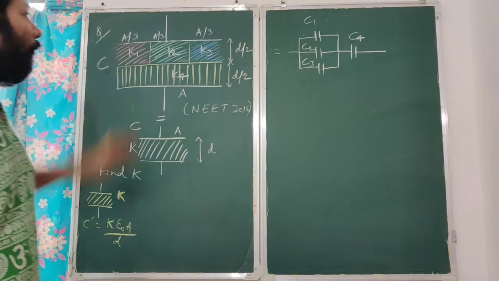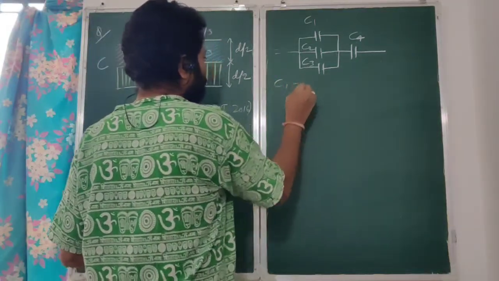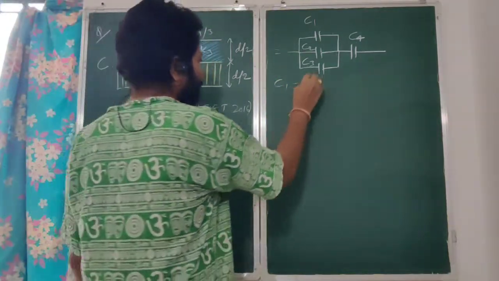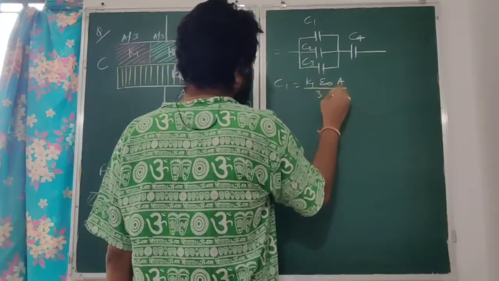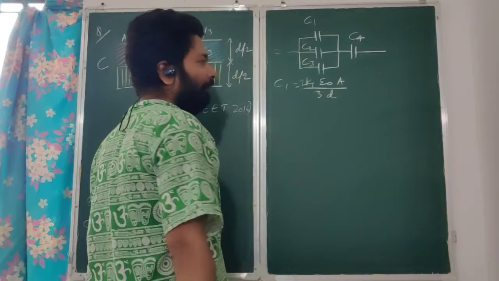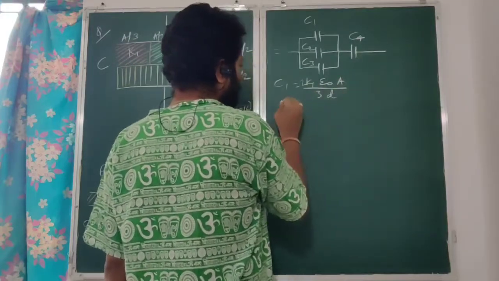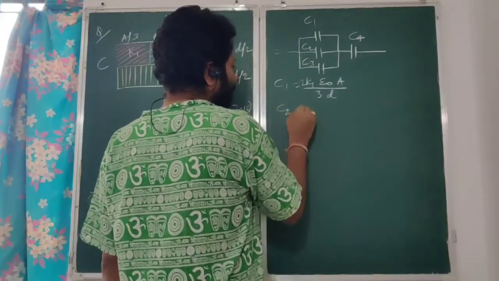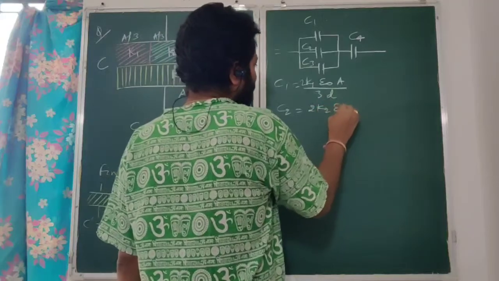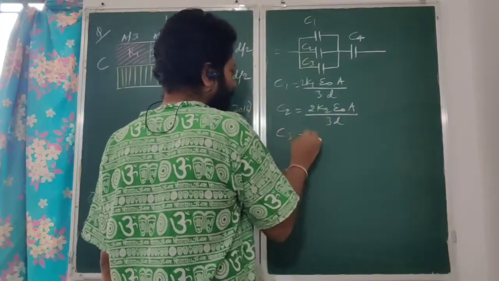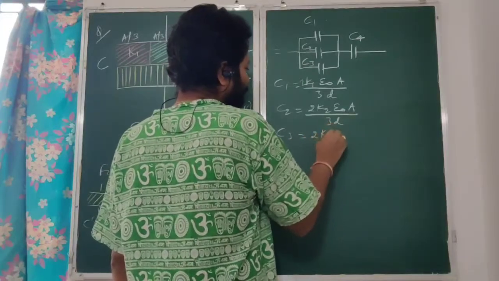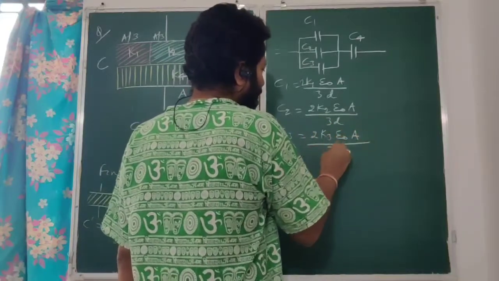Now, what is C1? It will be K1 epsilon naught A by 3D, the 2 will move up. Similarly, we can write the C2 value also. It will be 2 K2 epsilon naught A by 3D. C3 will be equal to 2 K3 epsilon naught A by 3D.